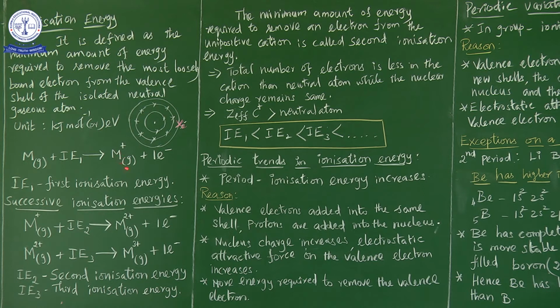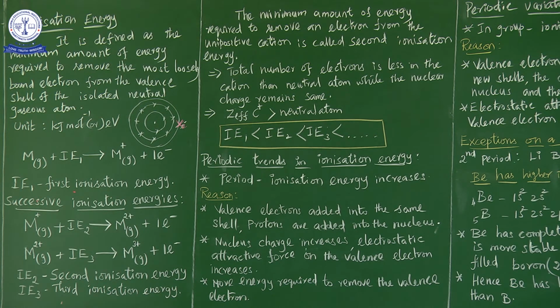So when we give energy to the neutral gaseous metal atom, one electron is removed and a monovalent gaseous metal cation is formed. The amount of energy required for the removal of the first electron from the neutral gaseous atom is known as first ionization energy. So IE1 is the first ionization energy.